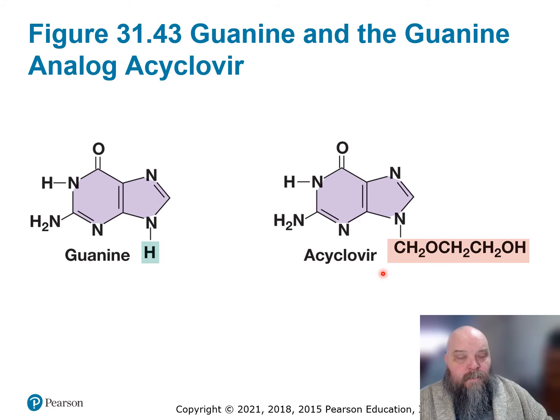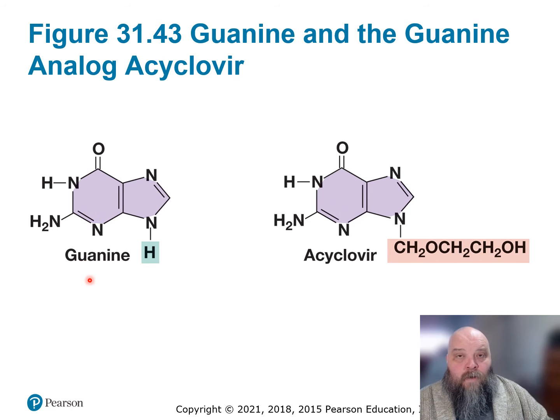What this does, you take the drug acyclovir, dissolves in your stomach, enters your bloodstream. All the cells in your body take this up. All the cells in your body that are getting ready to make new DNA take this up some of the times when they should be taking up guanine to insert into the new DNA.